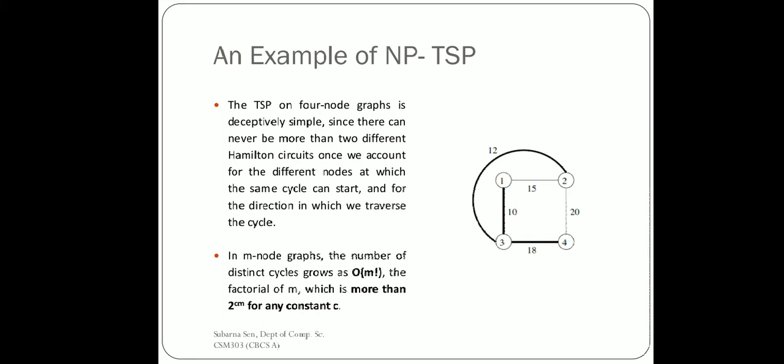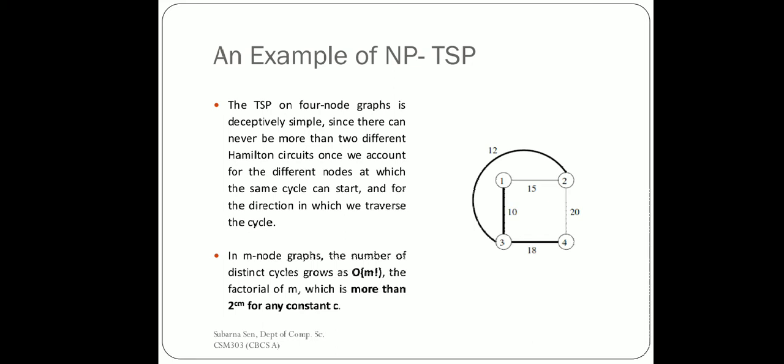Now if you are given a graph with m number of vertices, and if m is a large number, is it possible to go for all the choices? No, it's not possible. The number of distinct cycles will go to a factorial, that is m factorial, right? And it is an exponential growth.